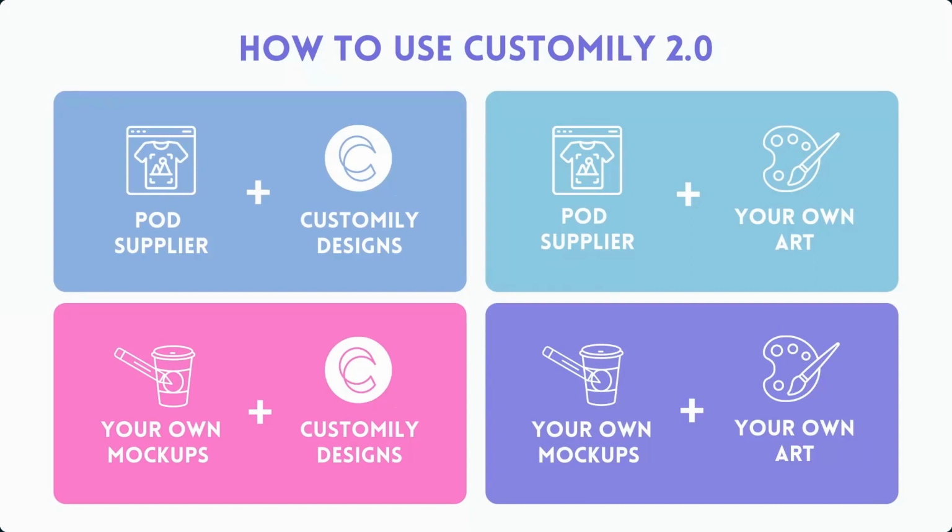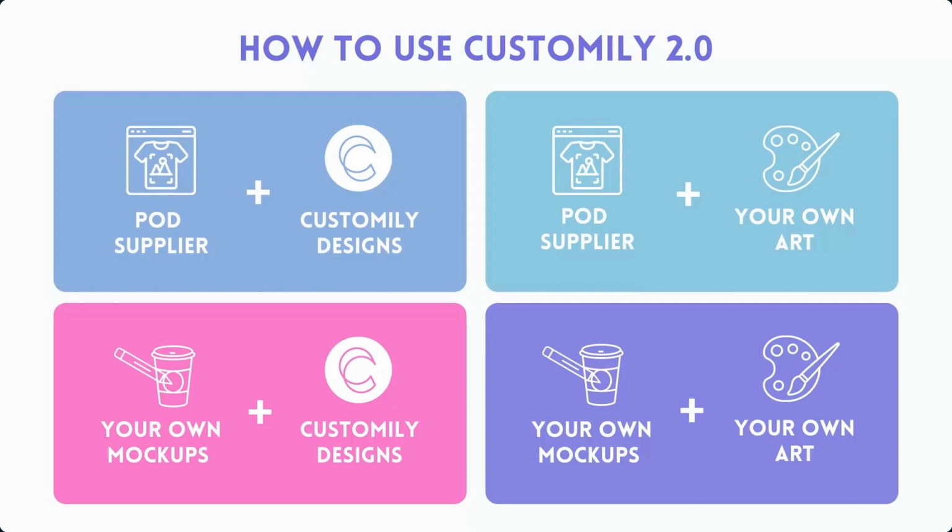On the other hand, on the lower left corner, you can choose not to work with print-on-demand products because you have your own products, and if you have that information, the way to go is to start by creating your product base library. This will basically create product information that you can later connect to, for example, Customily designs.